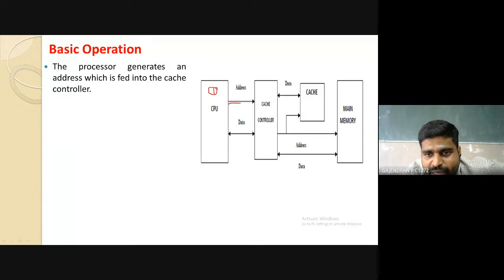First, CPU gives the request to the cache controller. Cache controller goes and checks in the cache. இங்க இருந்து இங்க போய் செக் பண்ணுது. இங்க இருக்குதான். If not, it again goes to the main memory. ஓகேவா?